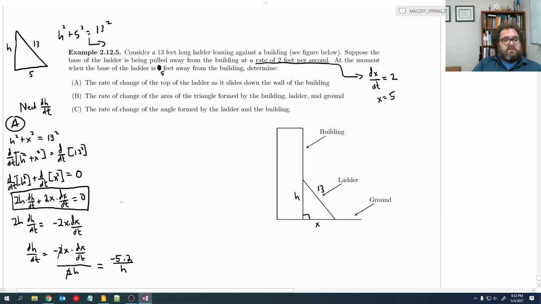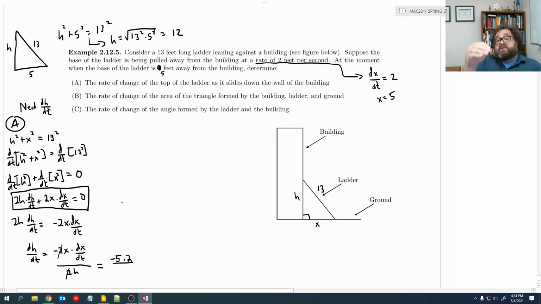In other words, h equals the square root of 13 squared minus 5 squared. Now 13 squared is 169, 5 squared is 25. So 169 minus 25 is 144. So the square root of 144 is 12. So h is 12.